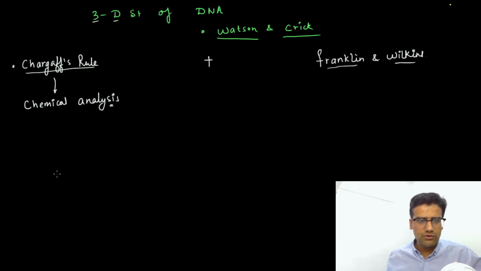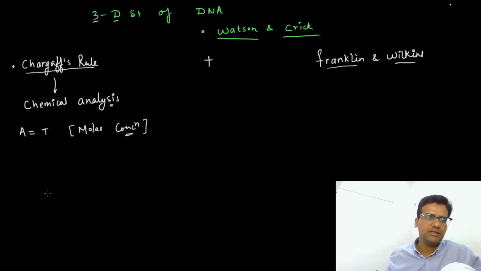If we talk about chemical analysis, he did chemical analysis and obtained that the amount of adenine is equal to thymine, or you can say the molar concentration of adenine is equal to thymine.